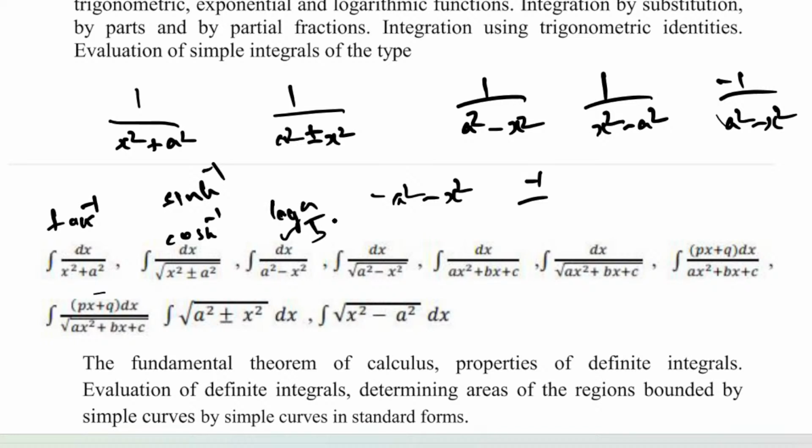Understood? This one is plain sine inverse. Are you clear about all combinations?